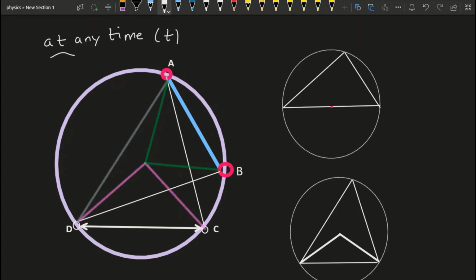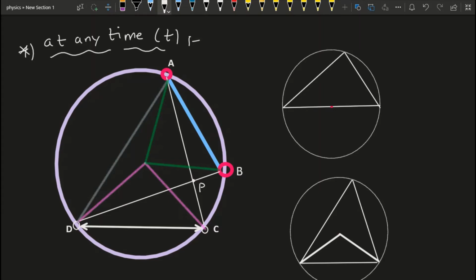This is the diagram at any time t. Here the point of intersection P is here. Previously the point of intersection P was coincident with the center of the circle of radius r, but now it has changed its position, and we are required to find out the locus of the point of intersection P. For that we are going to see some basics.